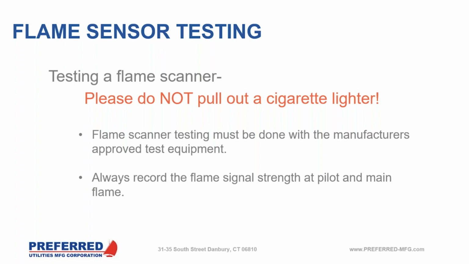In other words, if that signal was, for instance, at an 80 number, we'll just pick that, when the main flame was at low fire, and for some reason it's around 30 or so after a certain period of time, we know something is aged, something's changed. Is there some material on the sight tube? Those are some things that could really help us determine what's going on. So recording these flame signal strengths, I would recommend doing that every time you go out to service any type of burner.